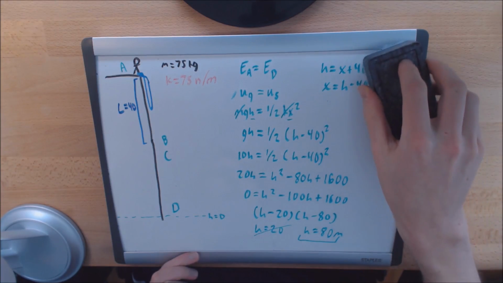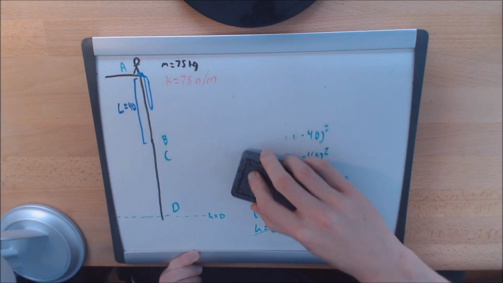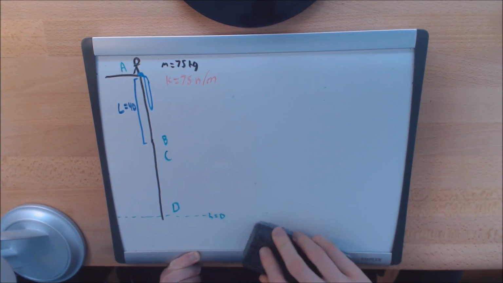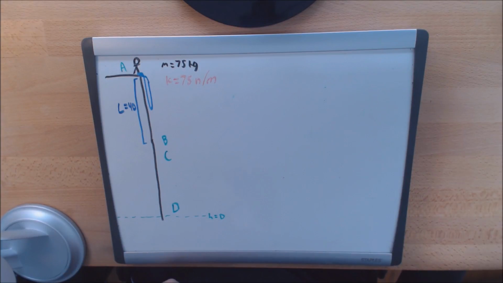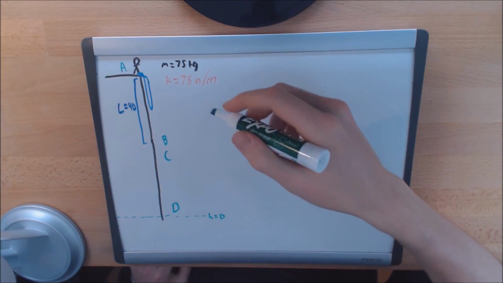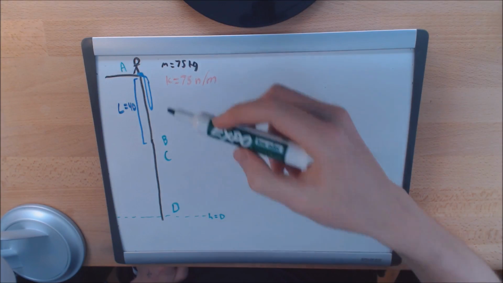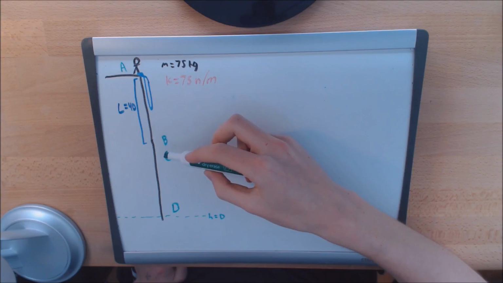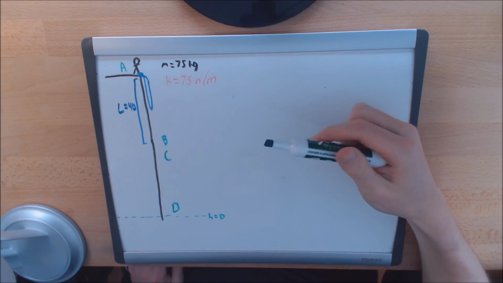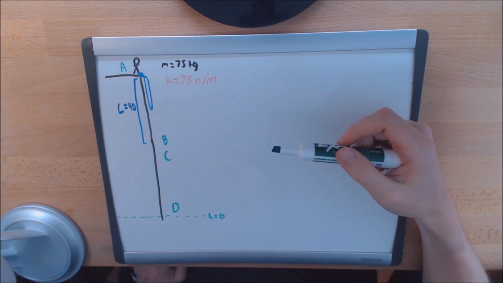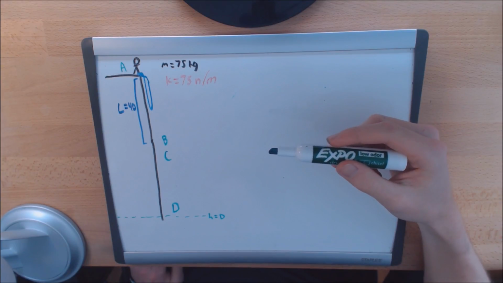Our next question is going to ask, where is the guy's maximum acceleration? So we're thinking his acceleration all the way down is going to be 10, because that's just the gravitational constant.